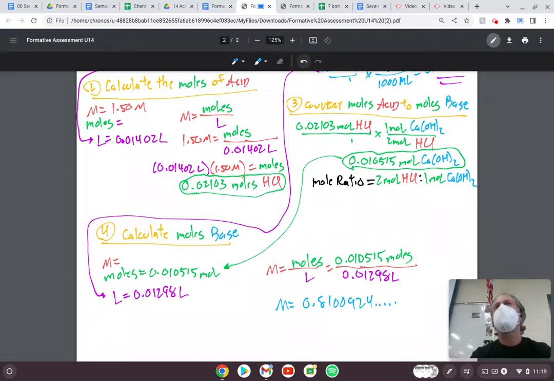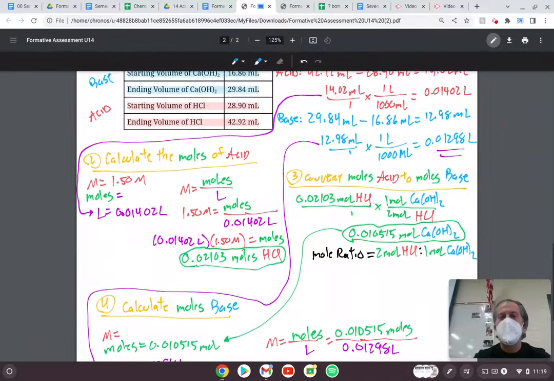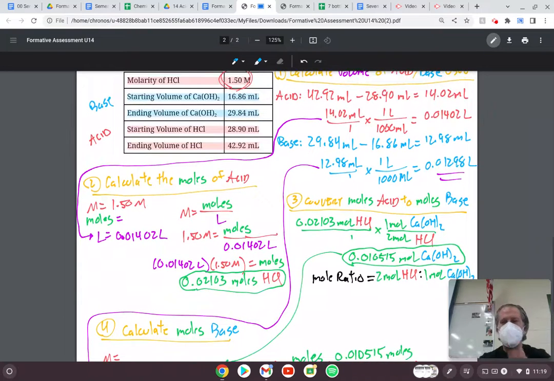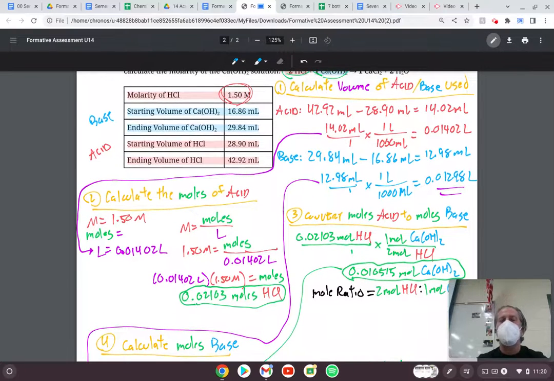Now, sig figs here for this problem, and this is something that I did notice a little bit yesterday, is that some people wanted to round at their volumes and say 0.014 or 0.013. Don't round anything until you get to the end, and then assess significant figures then. If I'm looking at the data that I collected, all of my volumes had 4 sig figs.